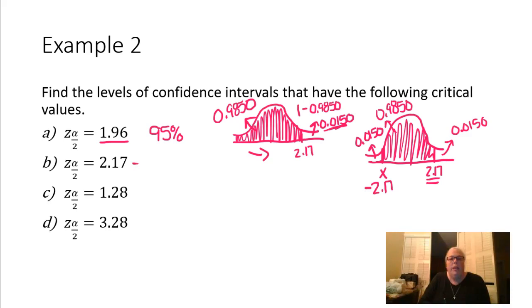And that value is the area to the left of the z-score, 0.985, minus the area that we erased there, so that we could have symmetry on both sides here and have the same amount of area unshaded. And that's going to give me 0.97 or 97%.